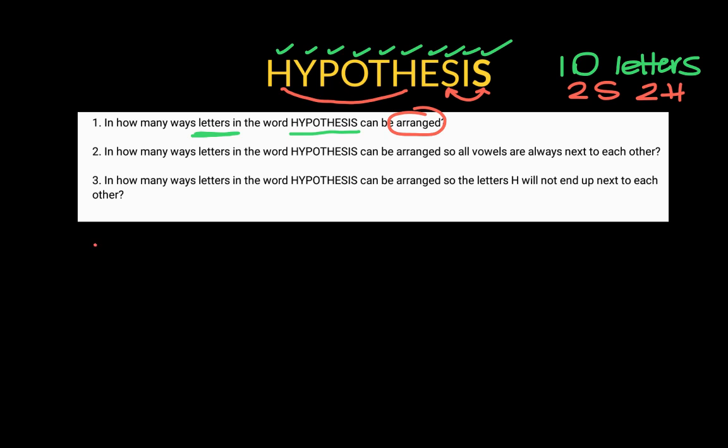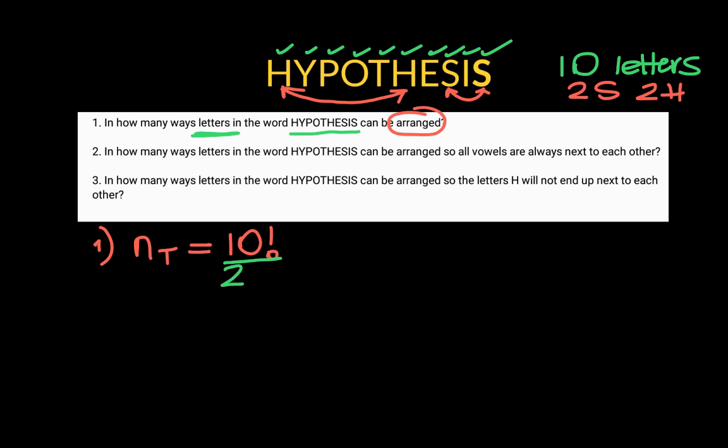So if I want to answer the first question, in how many ways the letters can be arranged, then the total number of ways is not 10 factorial, because 10 factorial will include swapping the H's together and the S's together, and that's not a different word, which means that we have to get rid of repetitions.